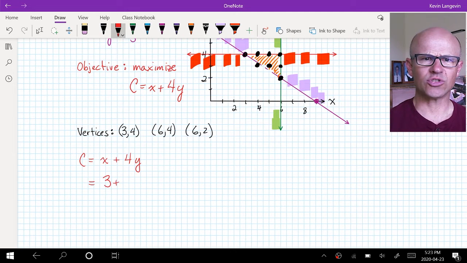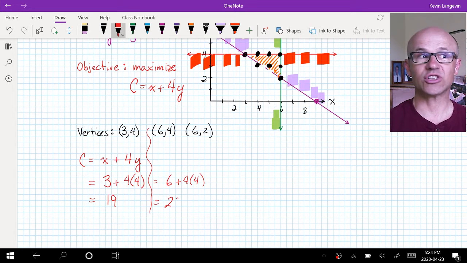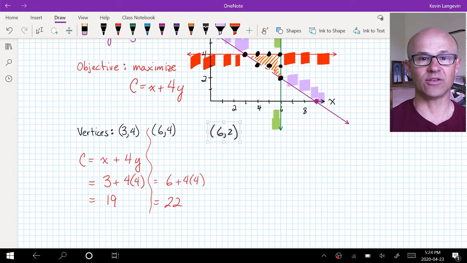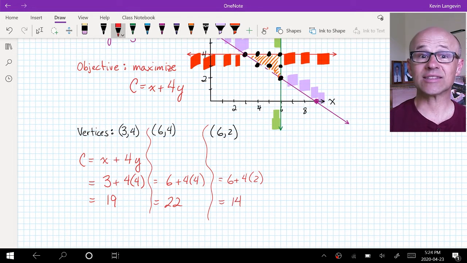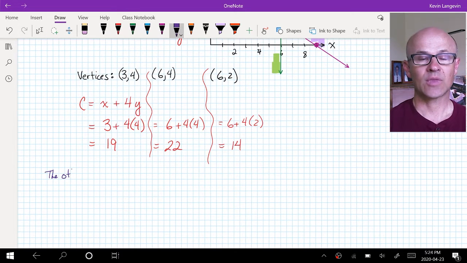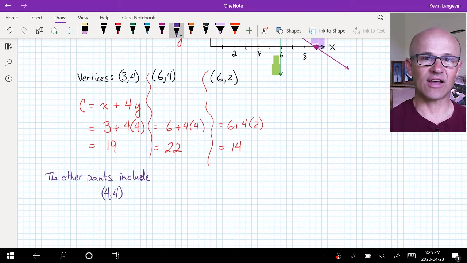So according to what we're doing then, what we're going to do is plug each of these coordinates into our objective function and figure out which gives us the maximum value. So when we do, we find that the one at 6, 4 seems to give the biggest value. But just to make sure that you believe me, I will take the other points.